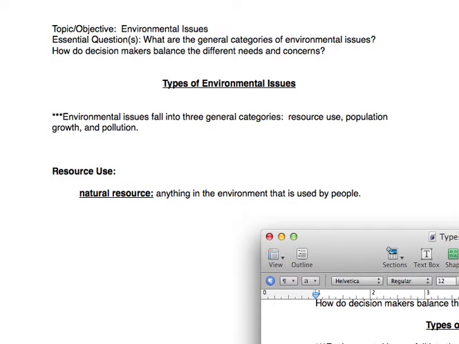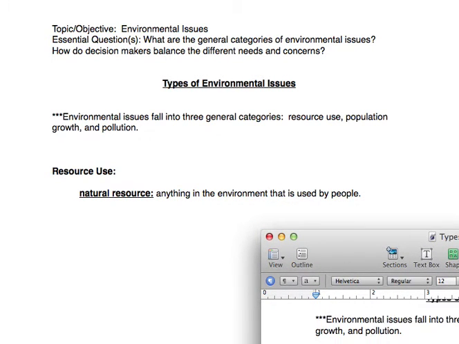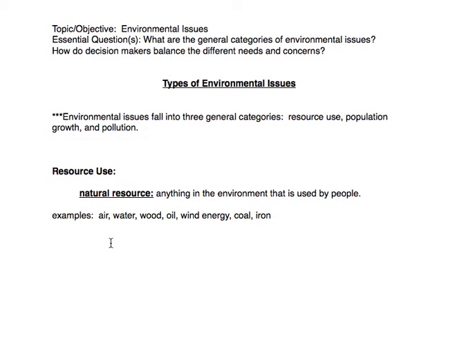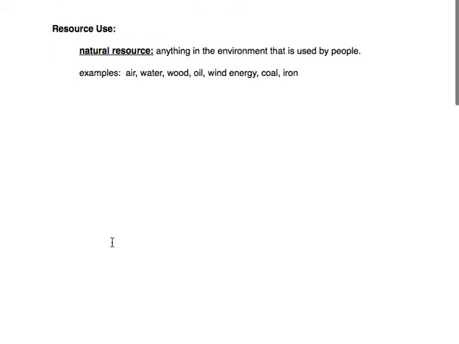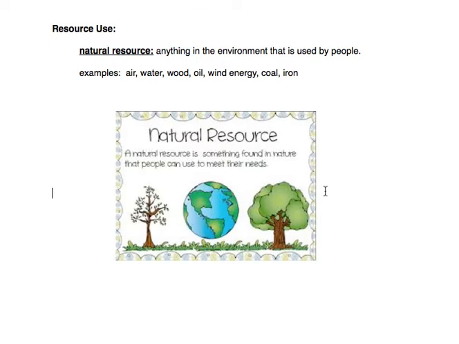I'm going to put that up there, my examples. Examples are air, water, wood, oil, wind energy, coal, and iron. I'm going to put this little picture in here too. A natural resource is something found in nature that people use to meet their needs. Okay?